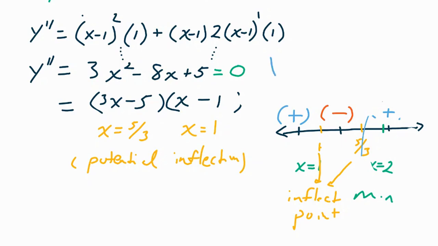We're going to be concave up. Okay, this is happening until I get to x equals 1. When I get to x equals 1, there's an inflection point, so I'm concave down. Now, notice that x equals 1 is not a maximum or minimum, it's just an inflection point. And notice that 5/3 is also going to be an inflection point, so it's time to switch to concave up.